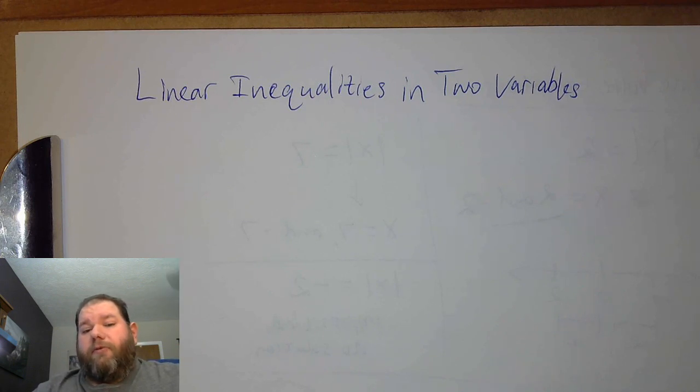Now, two variables means that we're looking at having x and y in the equation potentially. They don't have to be there, but they could be. Okay, we have to have at least one. We may or may not have the second one.